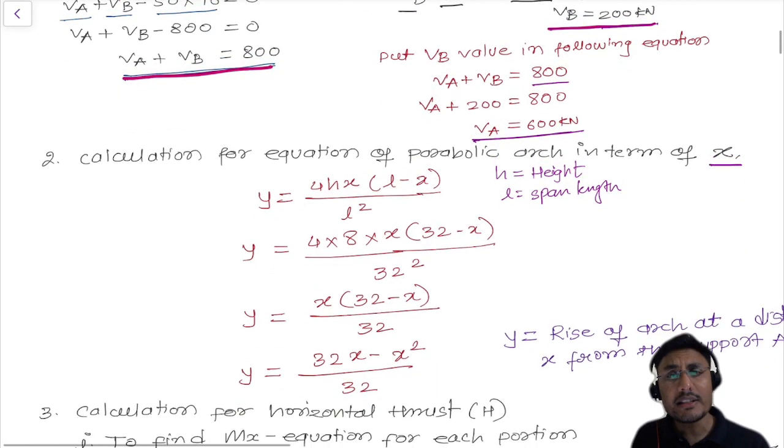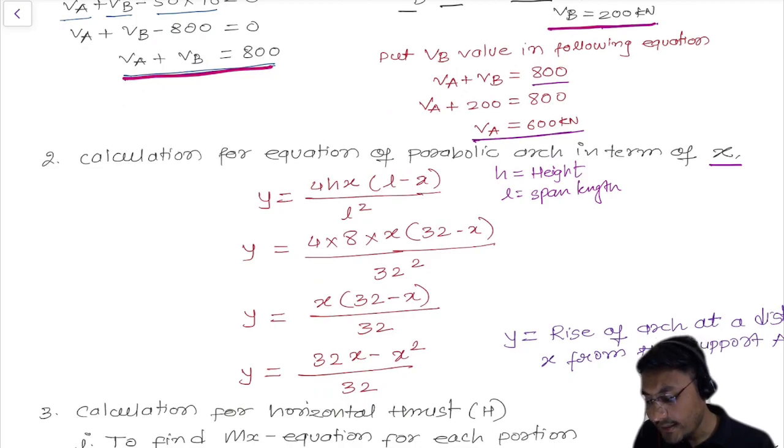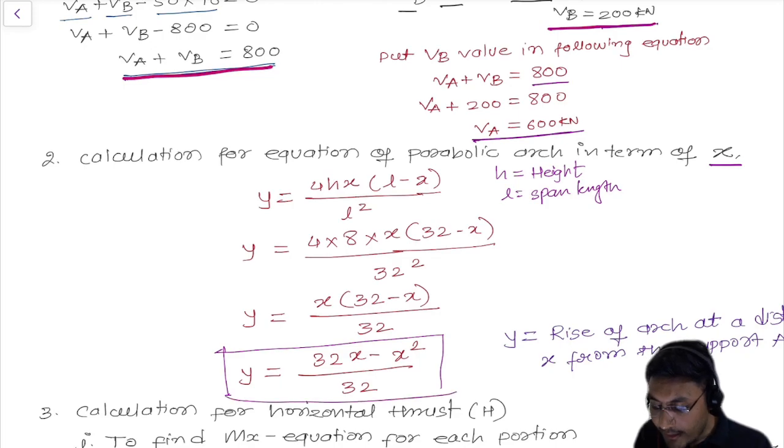So if you just put this in your calculator, or you can manually solve it, you will get this equation y equals x in bracket 32 minus x, divided by 32. So we have the y equation as 32x minus x square divided by 32, right?